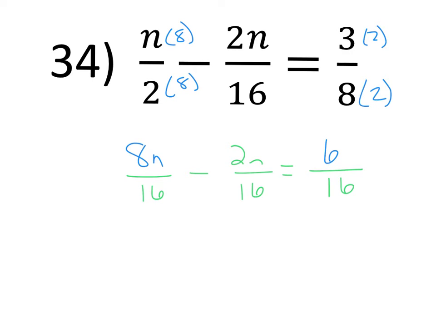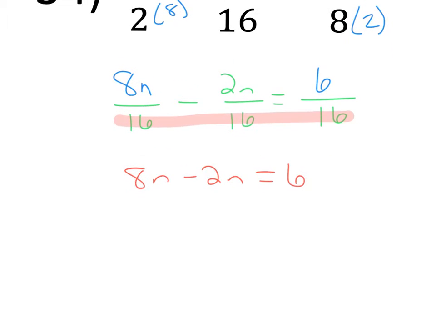Now the bottoms are the same, so those drop off. So I have 8n minus 2n equals 6. Combine like terms, and I'm going to end up with 6n equals 6. I then divide by 6 and get n equals 1.